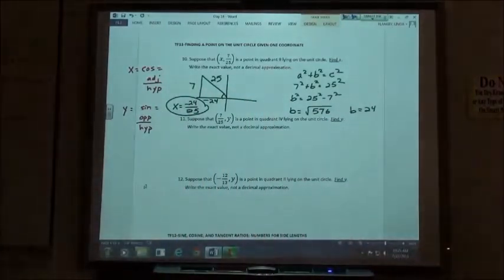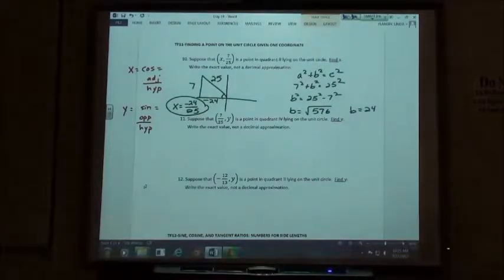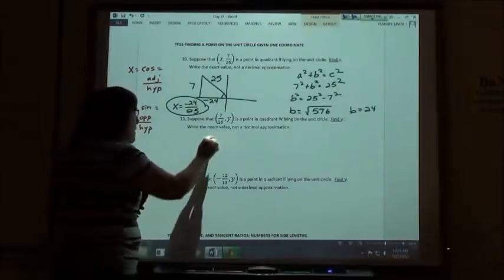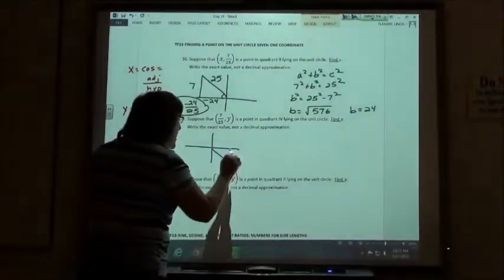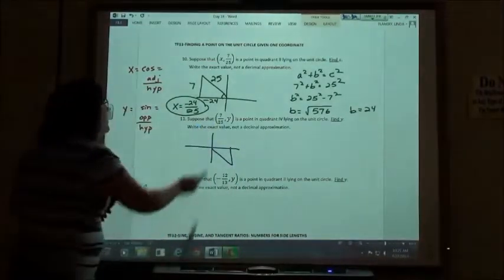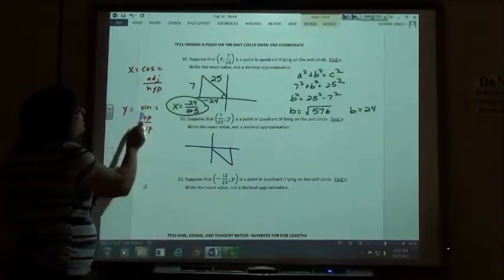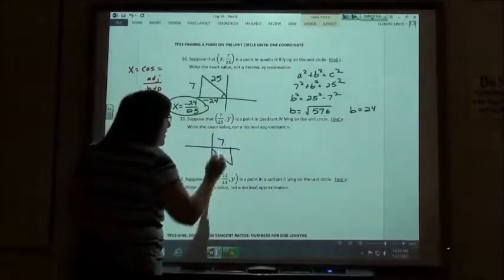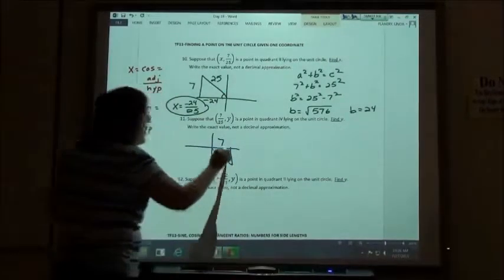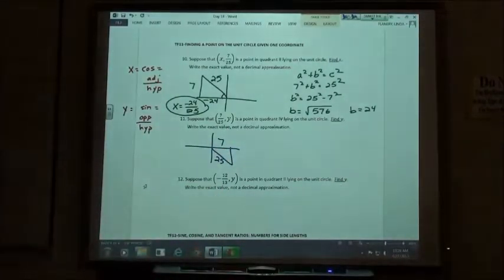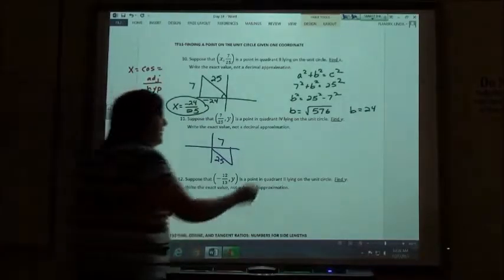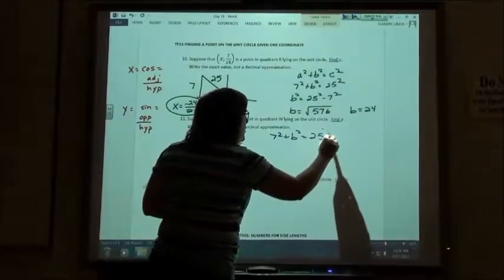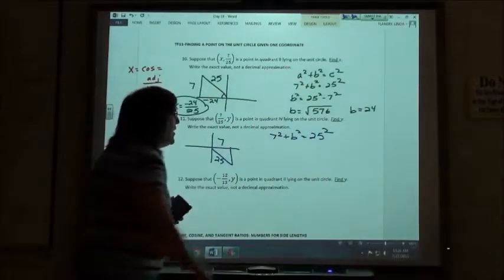So on number 11, now we have the point 7/25 in y. It's a coordinate in quadrant 4. So down here, we know the first value, which is the cosine, the adjacent over the hypotenuse. So the adjacent is 7, the hypotenuse is 25, and again, we'd have to find that missing side. Well, again, 7 squared plus b squared equals 25 squared, which we did on the previous one.